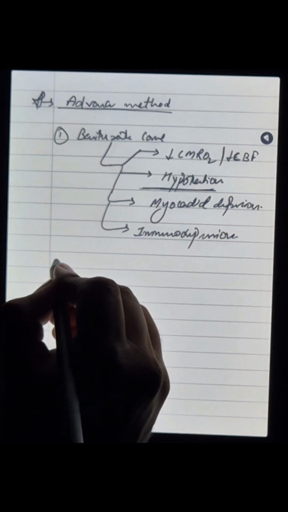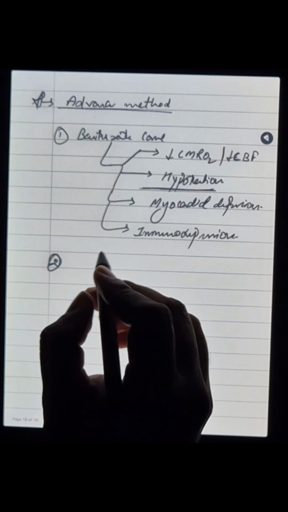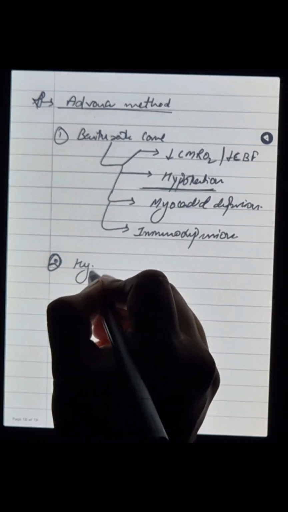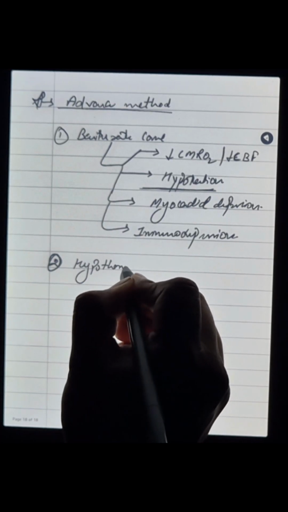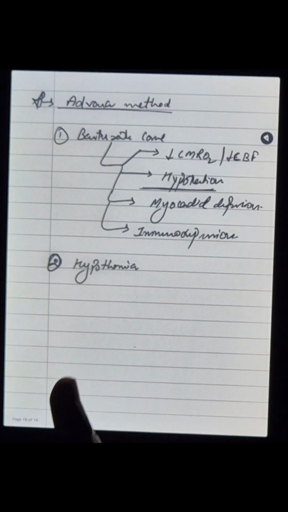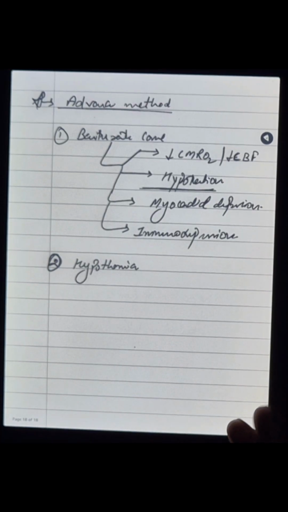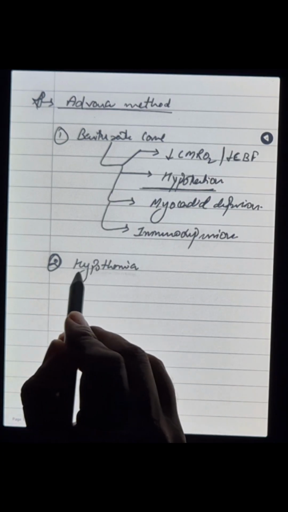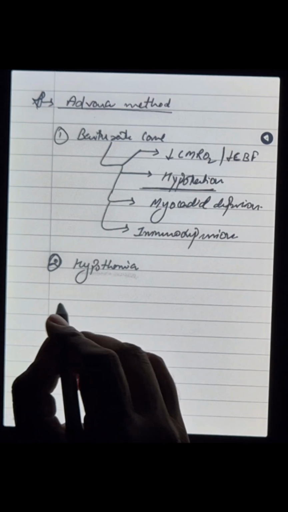Other advanced methods include we have to maintain hypothermia, as with hyperthermia, the demand of oxygen in the brain increases, which eventually increases the cerebral blood flow and which raises the ICP. So we have to maintain hypothermia. We have to avoid hyperthermia.